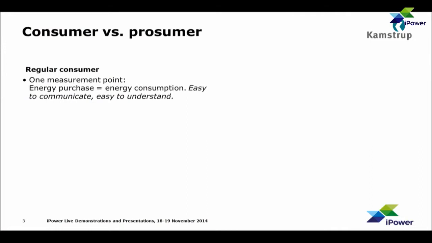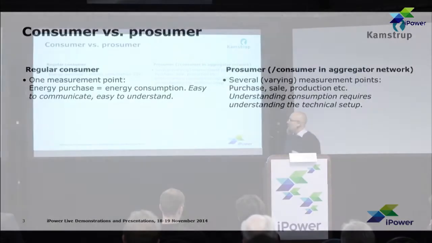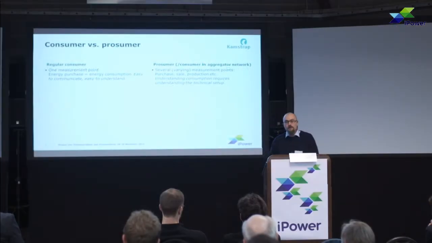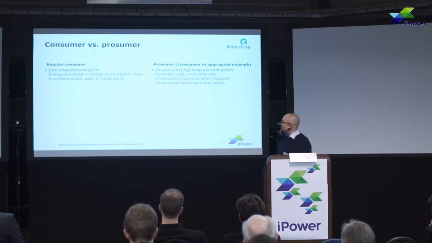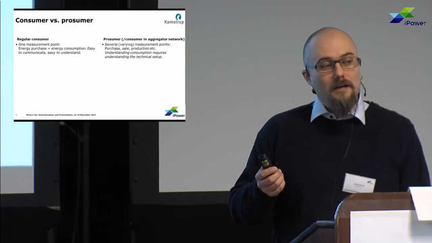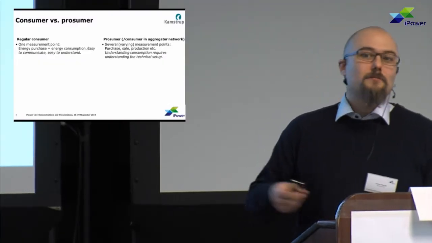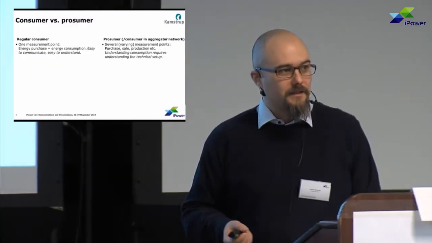First of all, in a regular consumer's household, there is one measurement point per energy type, and this measurement point measures the energy that's purchased and the energy that's consumed. In a prosumer's household, and perhaps in a consumer in an aggregated network as well, there are several measurement points measuring different things.